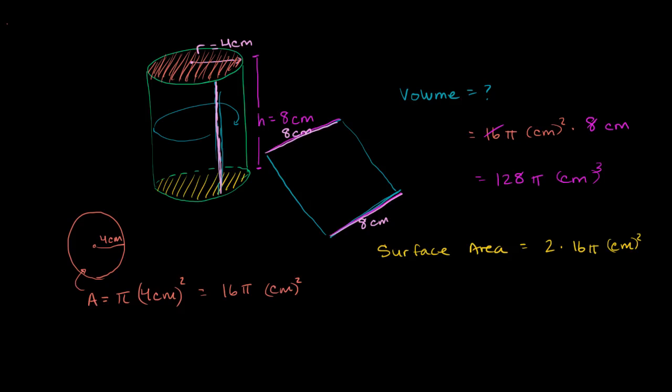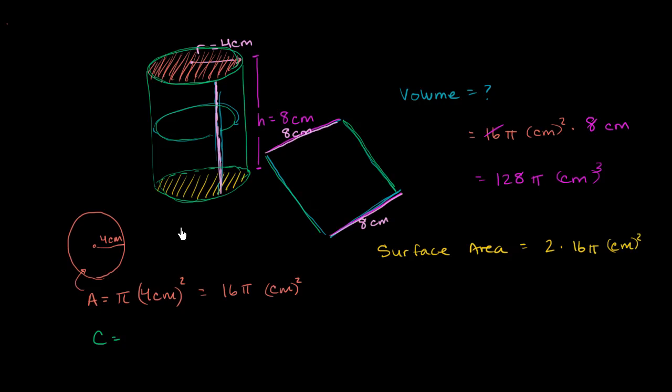And so the question we need to ask ourselves is what is going to be this dimension right over here? Remember, that dimension is essentially how far we went around the cylinder. Well, that's going to be the exact same thing as the circumference of either the top or the bottom of the cylinder. So what is the circumference of this circle right over here, which is the same as the circumference of that circle over there?